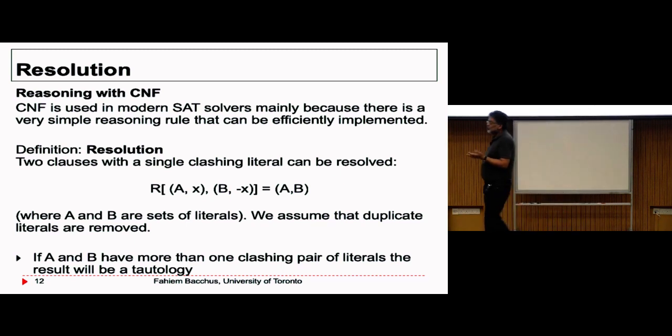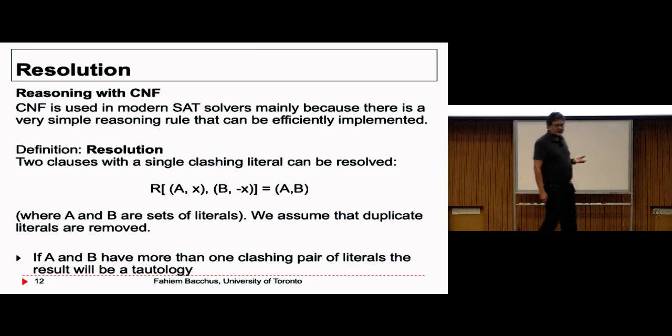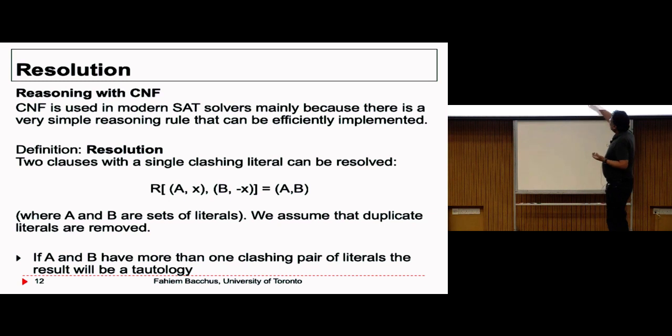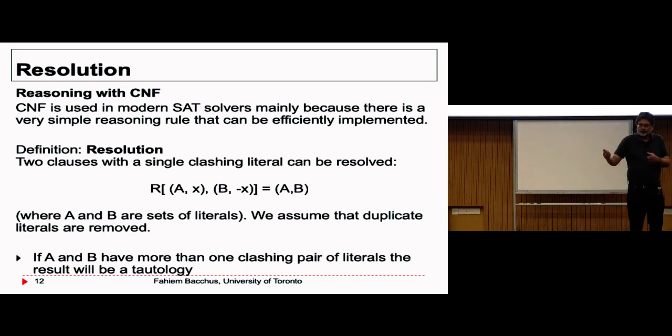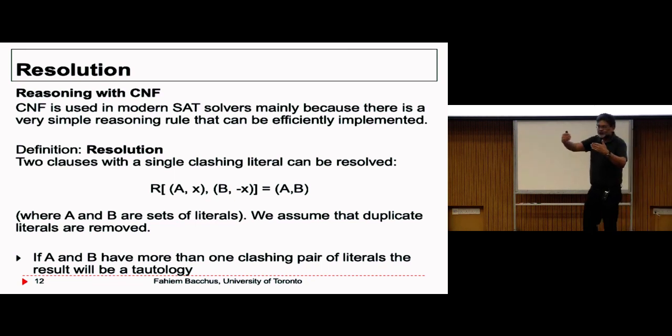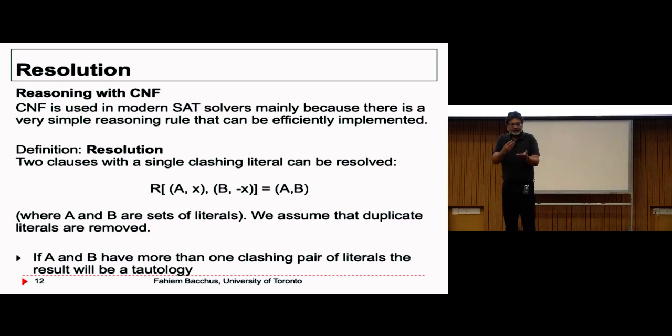And there's only one thing you really can do with CNF when it comes to reasoning, and that's resolution. So you have a clause with A and X in it, and another clause with B and not X, where A and B are sets of literals. In other words, these two clauses clash on the literal X. You can get rid of the clashing literal and generate the new clause, which is A union B. Normally we assume that A union B doesn't have another pair of clashing literals, because if it does, then you would get a tautology.